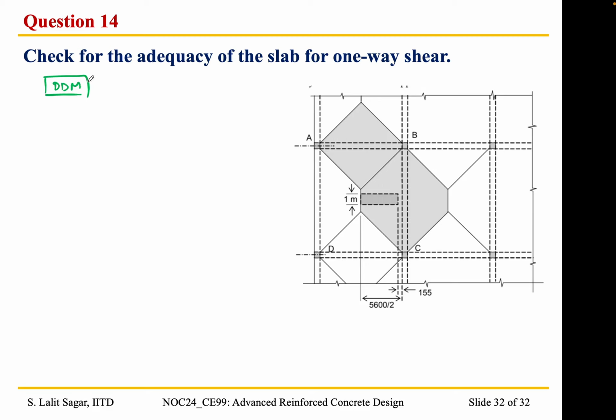In the direct design method, first we did the parameter alpha b, then we did the deflection check as per Canadian code, then we found out the static moment, then we did the longitudinal distribution, then we also did the transverse distribution.